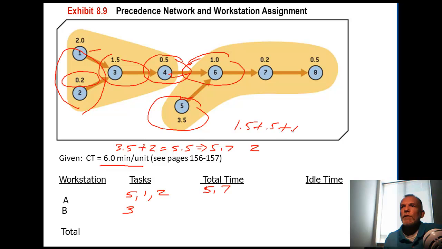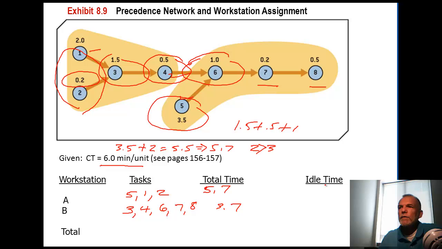That's another 1, so that's going to take us to 3. And then adding 7 and 8 would be another 7/10. So 3, 4, 6, 7, and 8 would give us a total of 3.7 minutes.